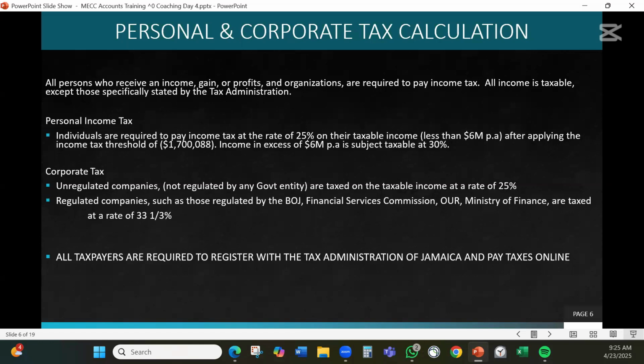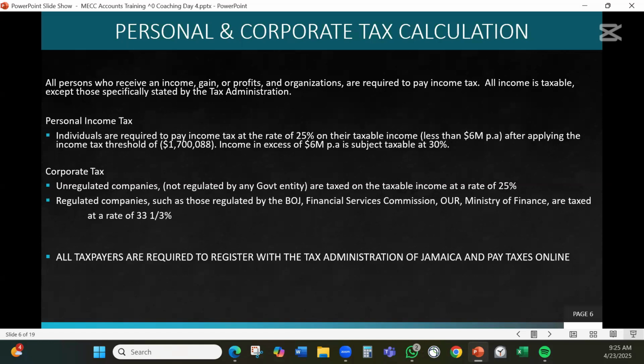Just a note on income tax itself. That's what we call PAYE. If you have pay slips, you will notice the income tax or the PAYE on your pay slips, and that is calculated at 25% of your taxable income. When we get along, we're going to see what taxable income is.